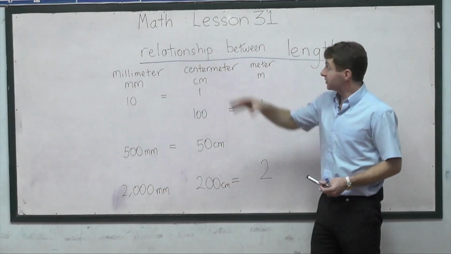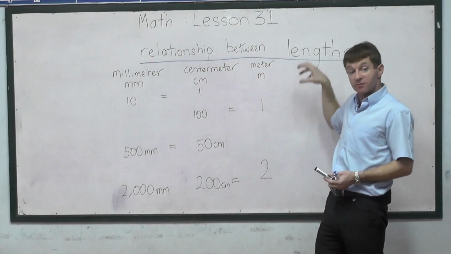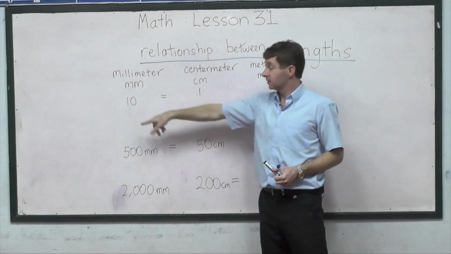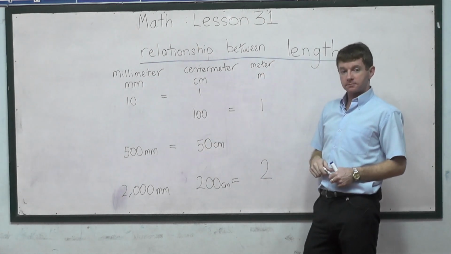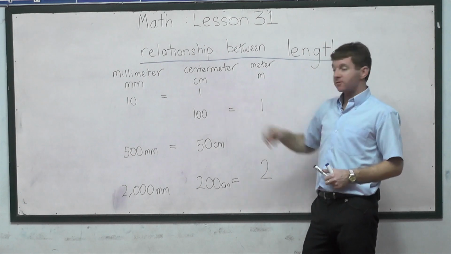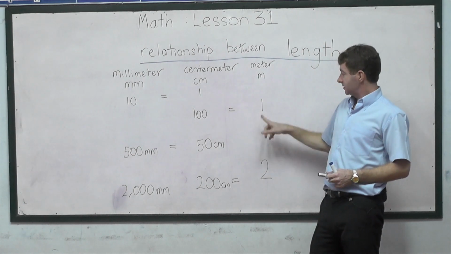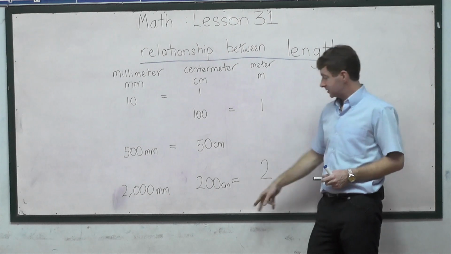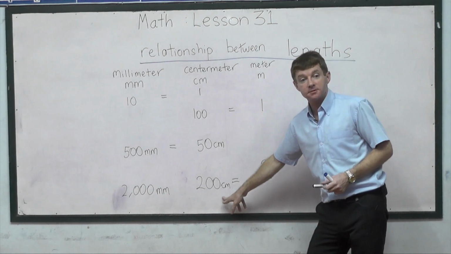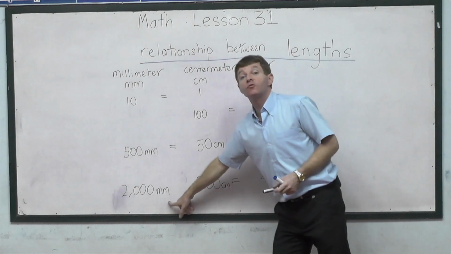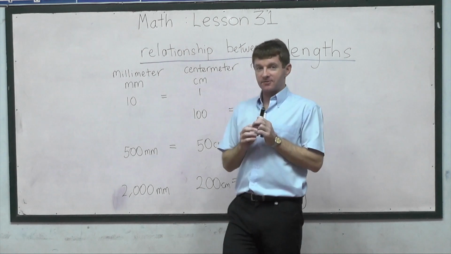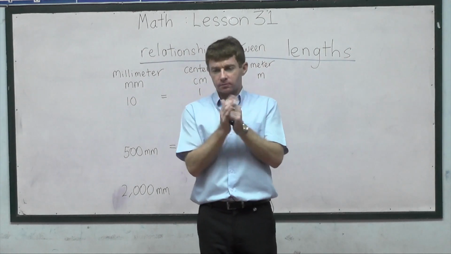You see, this is the relationship between lengths. 10 millimeters, 1 centimeter. 100 centimeters, 1 meter. 2 meters, 200 centimeters, 2,000 millimeters. Excellent. Round of applause, guys. That's good.